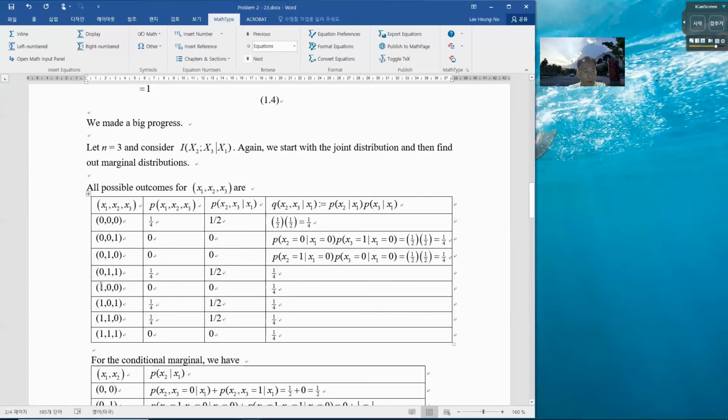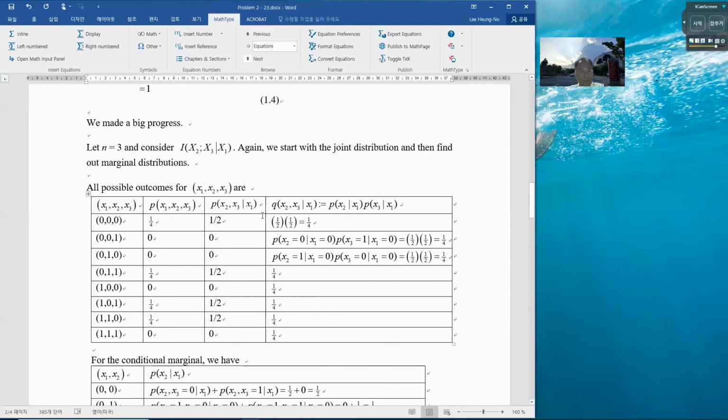And then when x1 is 1, for this conditional joint distribution, x2 and x3 have to have an odd number of ones, and these cases have half, and the cases where you have an even number of ones have probability 0.